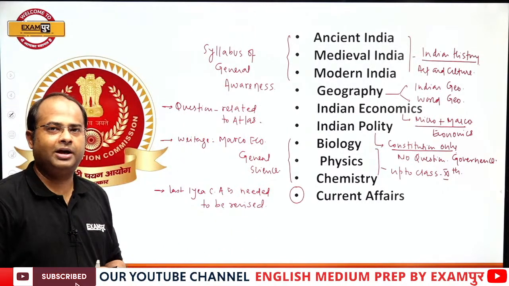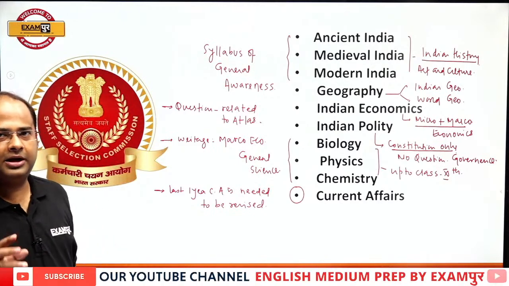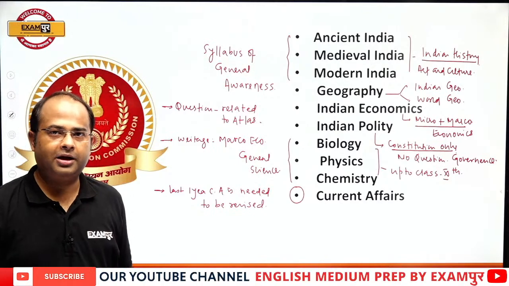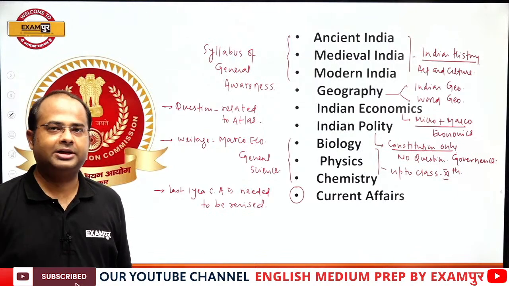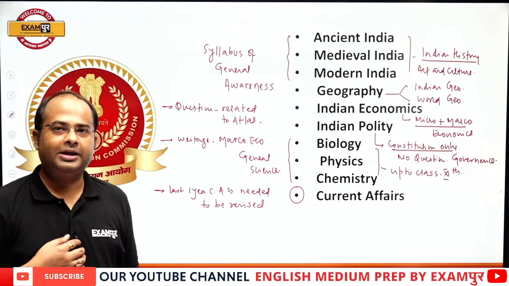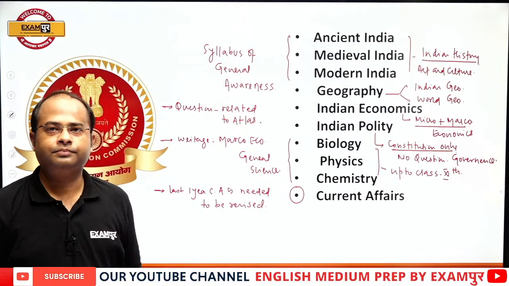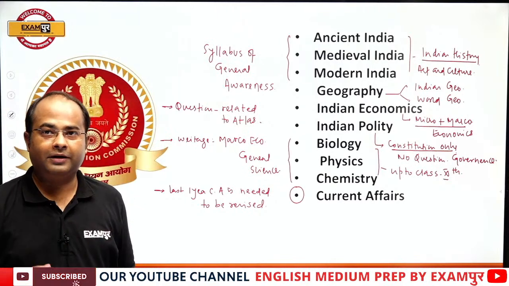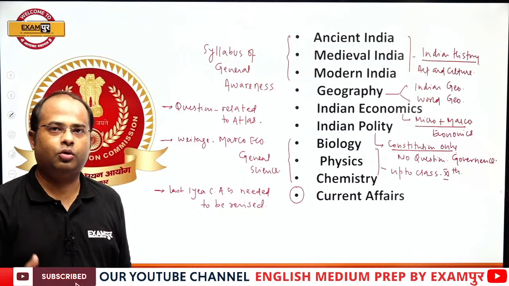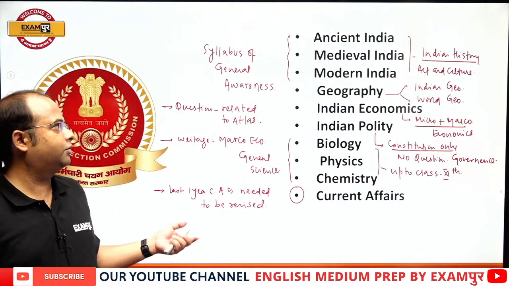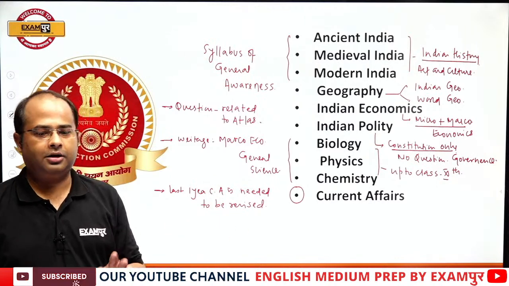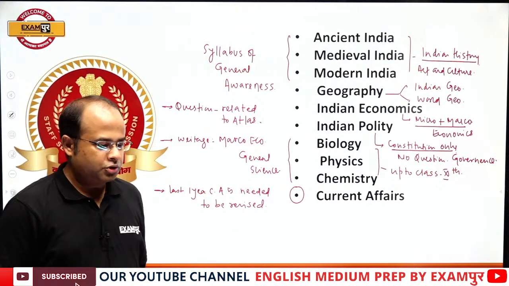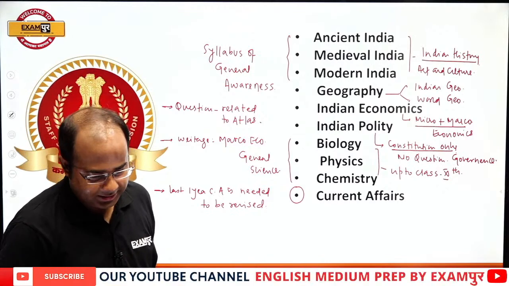Earlier we used to say 8-month or 9-month current affairs is well enough. But in the last CGL and CHSL examinations, including CPO, they asked questions from the last 1 year of current affairs. That means they have started asking older affairs also. So to be on the safer side, you should first go for the current affairs of the last 1 year.